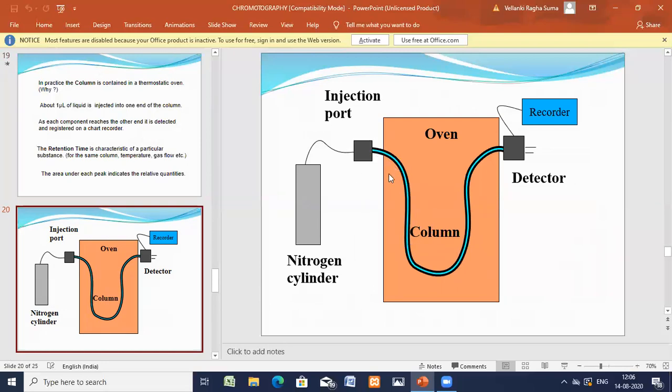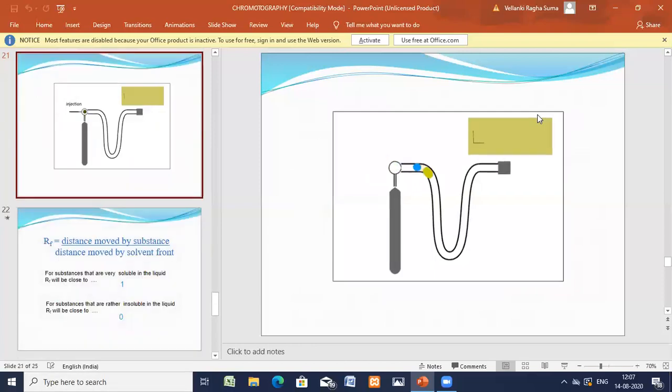Stationary phase. Here again the gas is the mobile phase. They move along the column, get separated, detected and then recorded. There you get the peak. Whatever substance comes first is detected and the peak is noted.